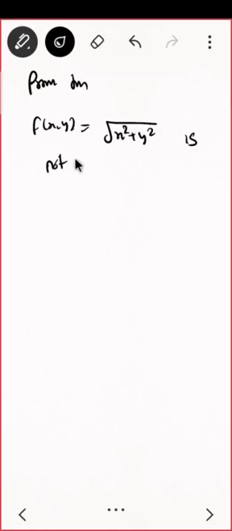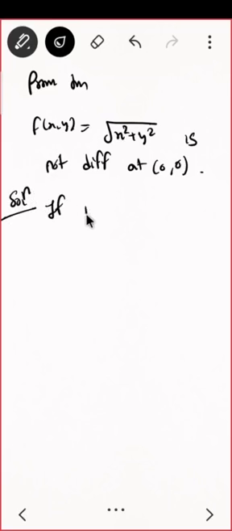Prove that f of x comma y, that is equal to square root of x square plus y square, is not differentiable at 0 0. So you want to prove this. How will you do it? What I will do: suppose f is differentiable at 0 0, then it implies what?